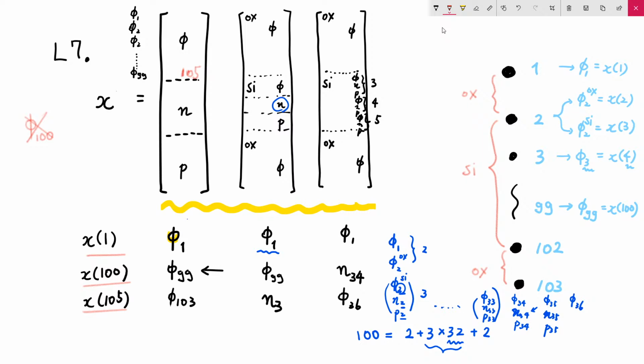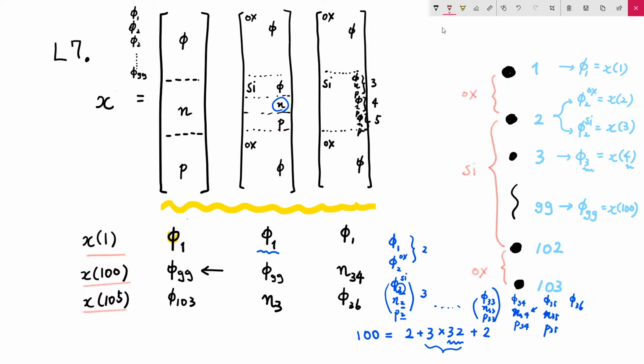So nobody can provide you the automatic way or quickest way to find out the meaning of your quantities. For example, just divide by 3, then by collecting the remainder, you can say this is electrostatic potential or hole density or electron density.